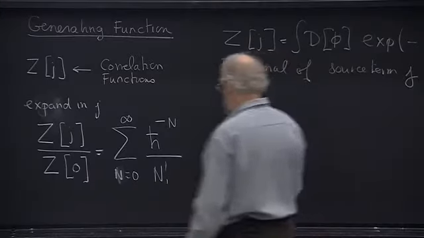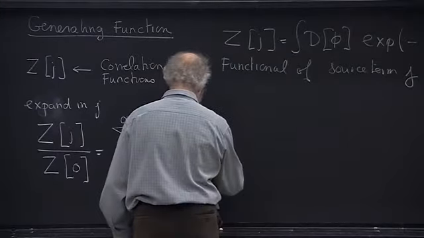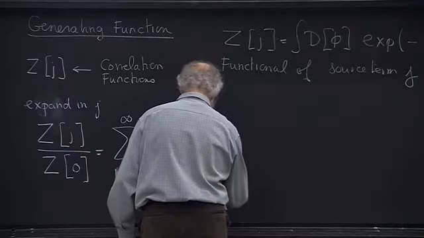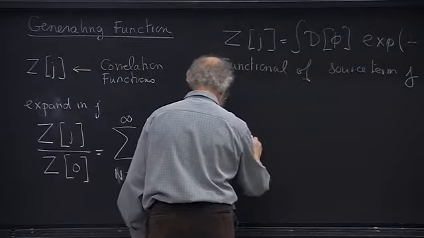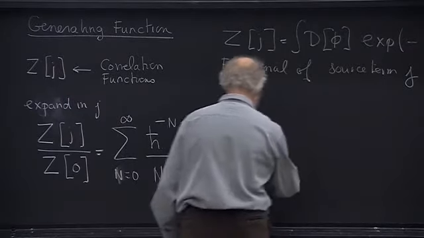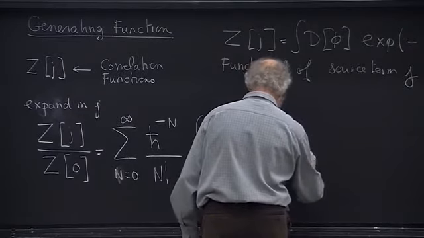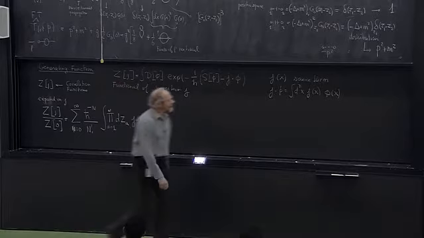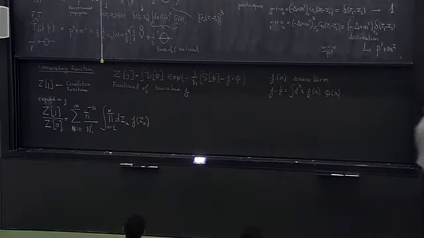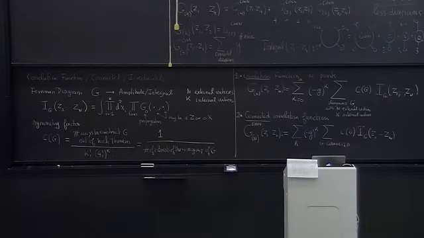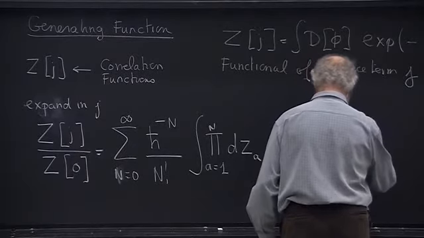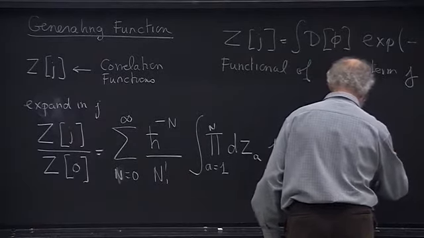And then we have a big integral, the product from A equals 1 to n of d^dz_A, g of z_A, times the correlation function G_n of z_1 up to z_n.